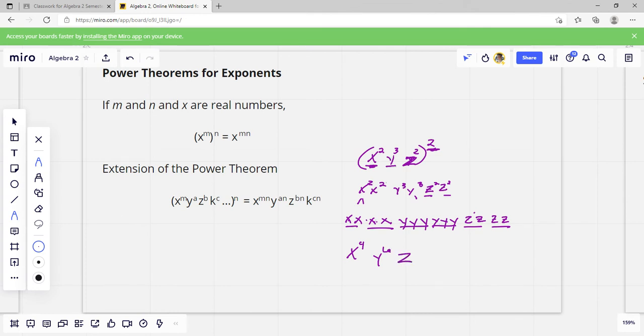And then for my z, I'm going to have 1, 2, 3, 4. So all I really had to do is multiply my exponents. So x, 2 times 2 is 4. Y, 2 times 3 is 6. And then z, 2 times 2 is 4. Hopefully that made sense.